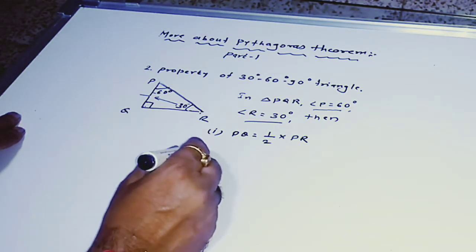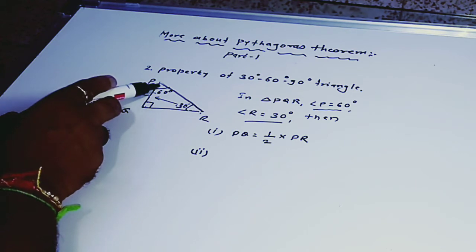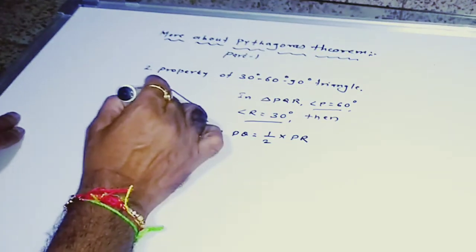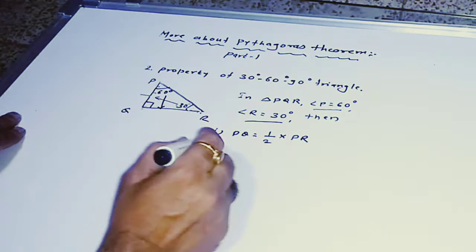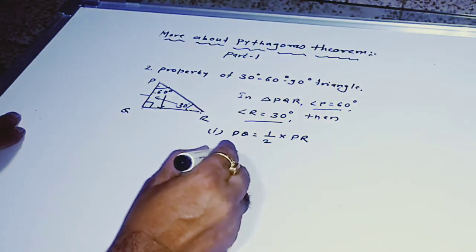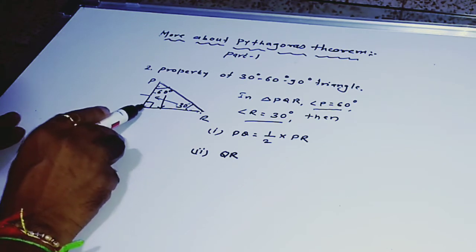Similarly, second, the side opposite to the 60 degree angle. What is the 60 degree angle? That is angle P. The side opposite to it is QR.